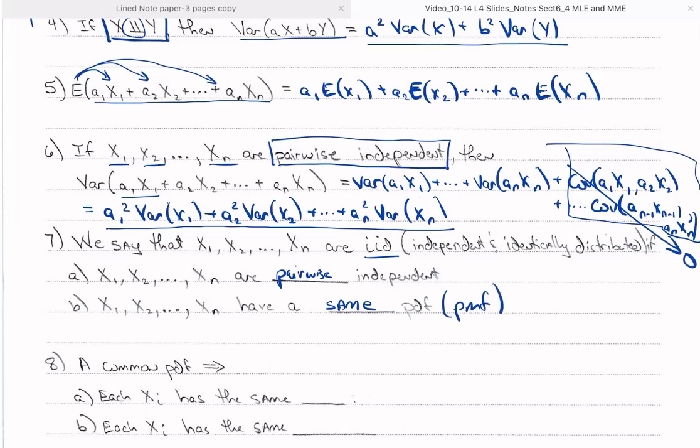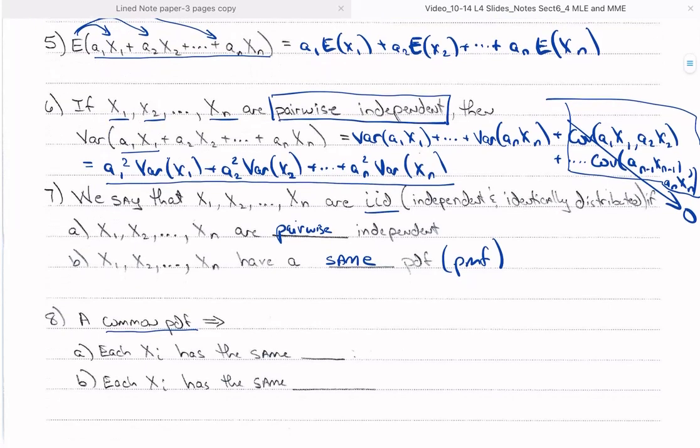So, if we have a common PDF for all these variables, x sub i, i equals 1 up to n, then each xi has the same mean. It has a common PDF, so that means they're going to have the same mean, and they're going to have the same variance. In fact, they're going to have all the same properties.